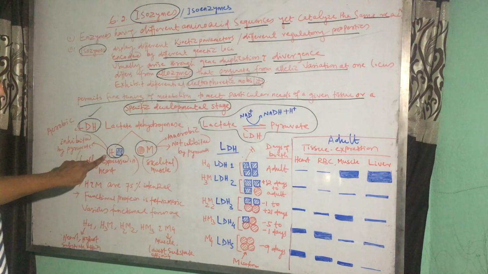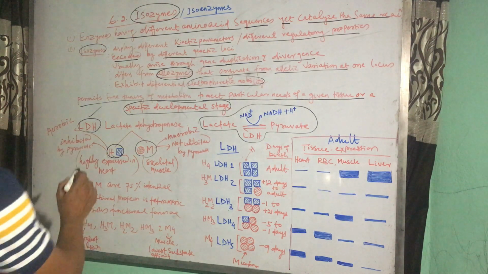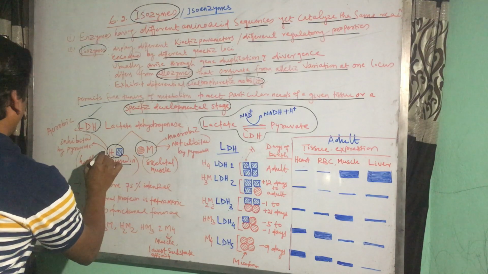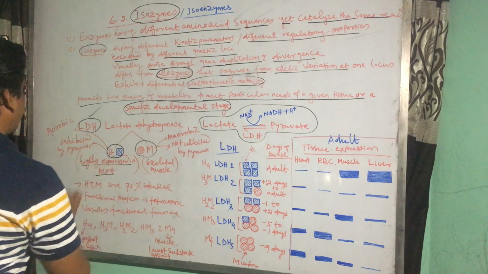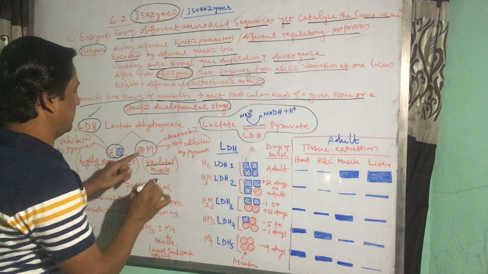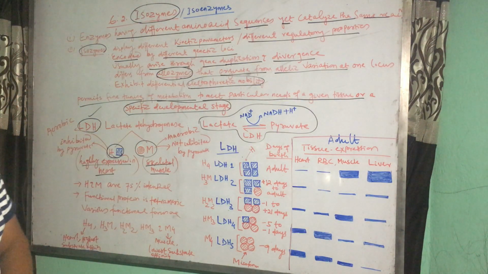H, as the name indicates, is highly expressed in the heart. To remember easily, H stands for heart and M stands for skeletal muscle. So the M type is mostly expressed in skeletal muscle.